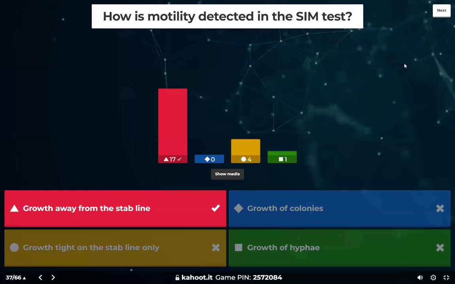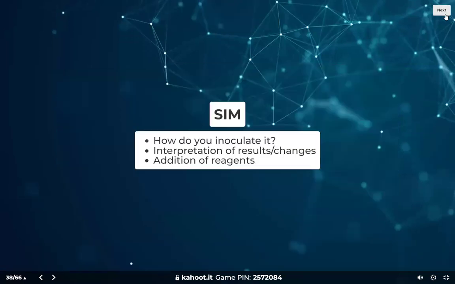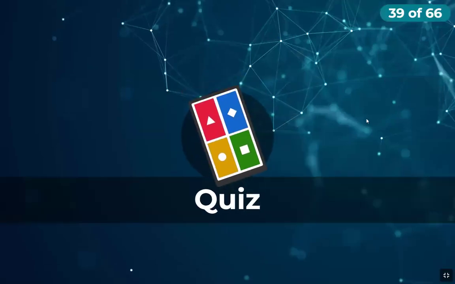Very, very clear stab line with the growth in the stab line if it's non-motile, right? We all saw that, it was very defined. Anything deviating from that typically is going to be motile. And I will try to make it very obvious for the test. All right, how do we inoculate SIM? You guys remember? It's a butt, so we stab it. Interpretation of the results, the changes, we pretty much went over all of those, so I think we're good with that. And then addition of the reagents, remember that's Kovacs.